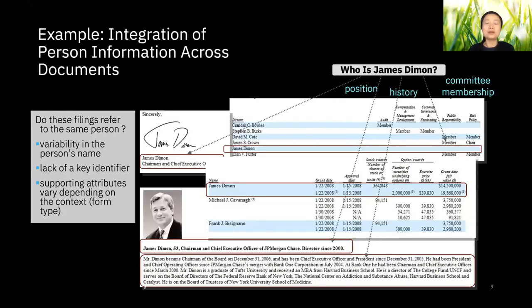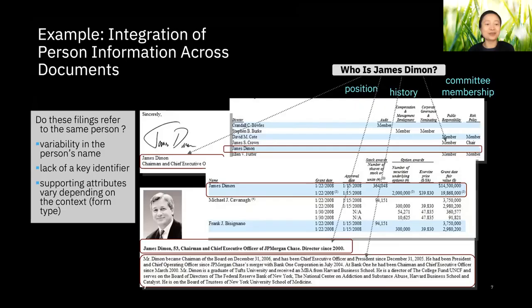For example, if I want to identify the employment history for every single insider, I need to go to different documents: look at the signature of a document, look into the job title, look into the biography for the particular person to identify the employment history, and also look at particular tables for the committee membership, and potentially identify compensation information and so on. So the challenge is, how do we know how those findings refer to the same person?